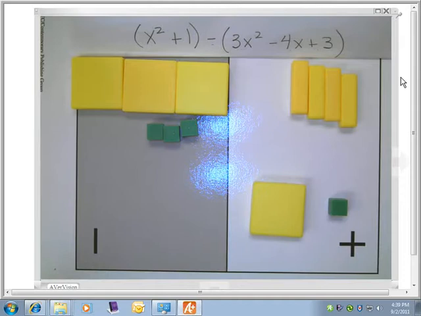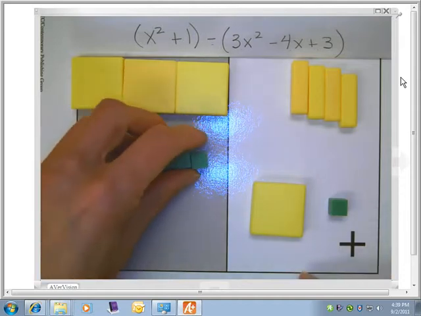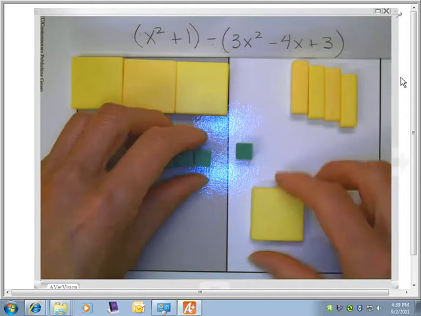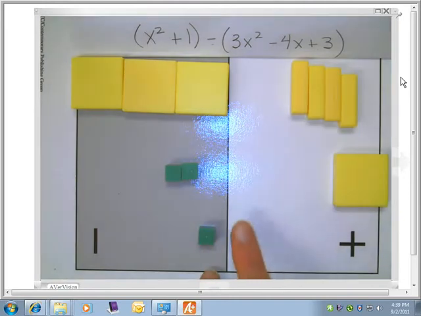Okay, so an interesting thing is going on here that didn't happen in the other example. Notice I have these units. I have 3 of them on the negative side and 1 of them on the positive side. Well, if I have a negative and a positive, they cancel each other out, right?